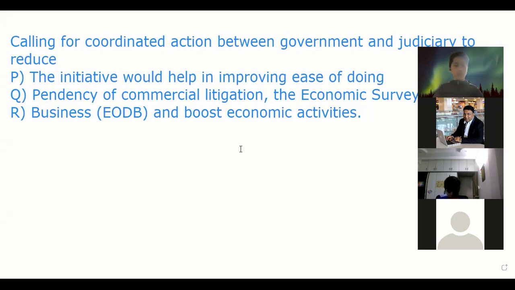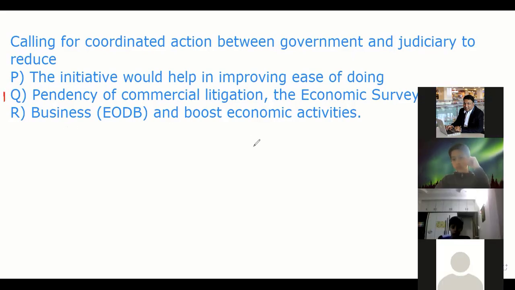So we have used "reduce" here, so we can take pendency of commercial litigations will be reduced. The main point is judiciary to reduce. Reduce what? Obviously not the initiative, not the business and boost economic, but the pendency of commercial litigations. You are right. First statement will be this.